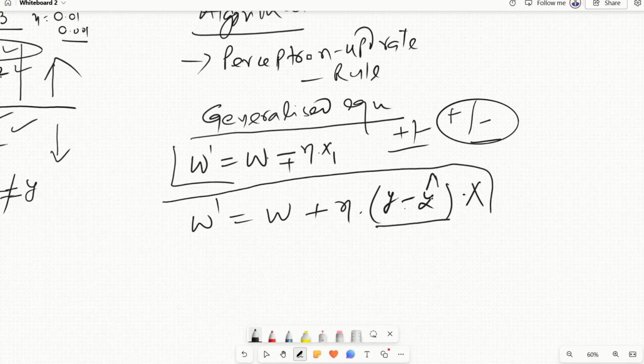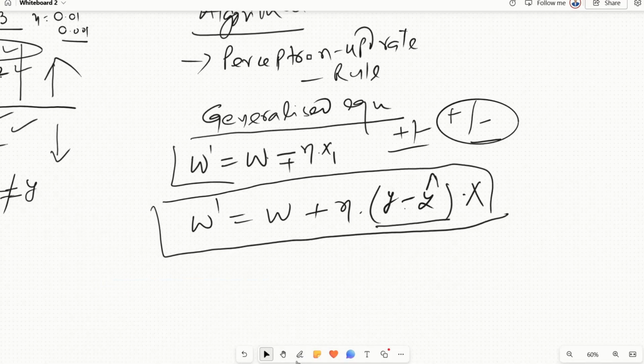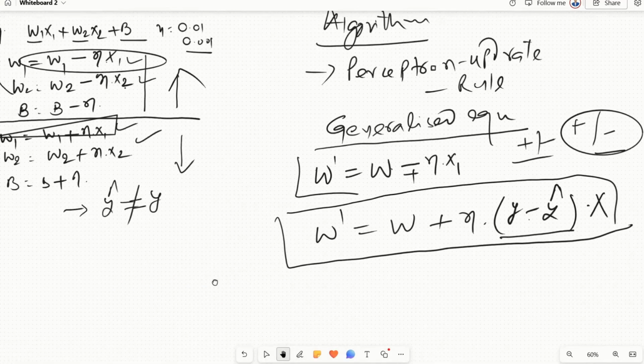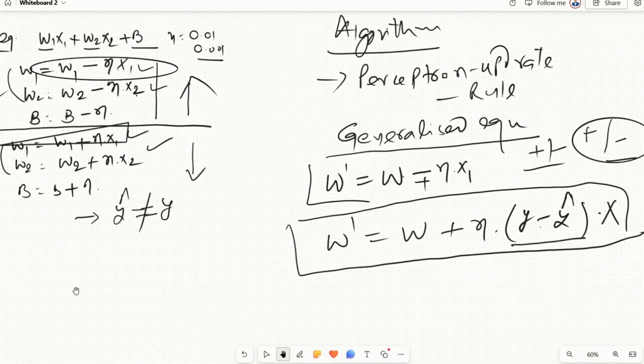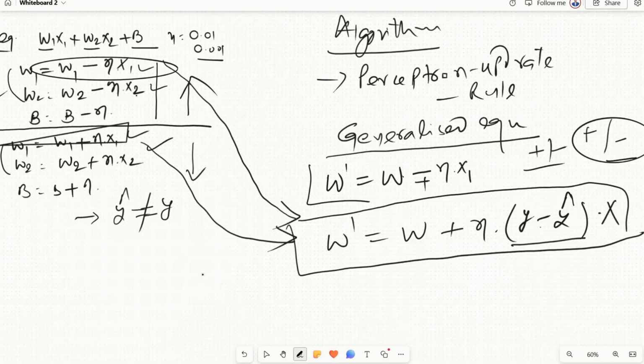So what is the advantage of this equation mathematically? The advantage is that this equation is combining both the cases, the positive case and the negative case, by a single equation.